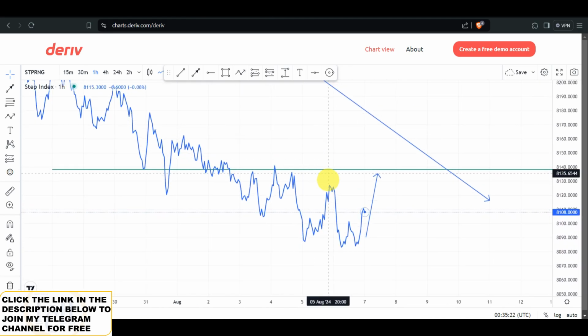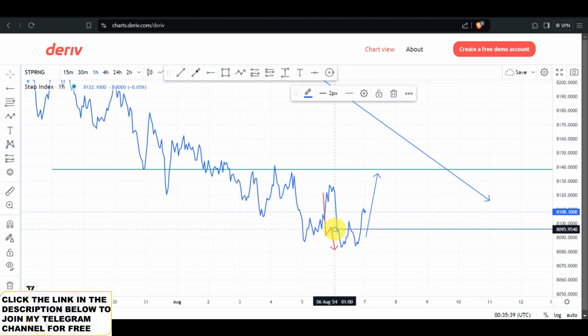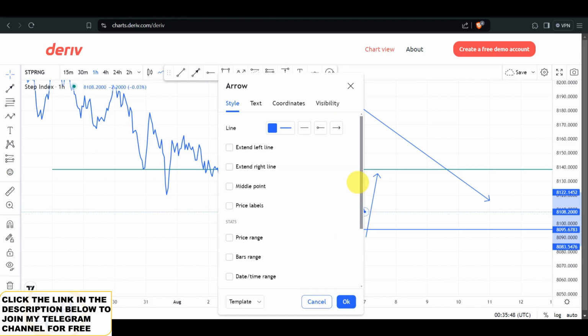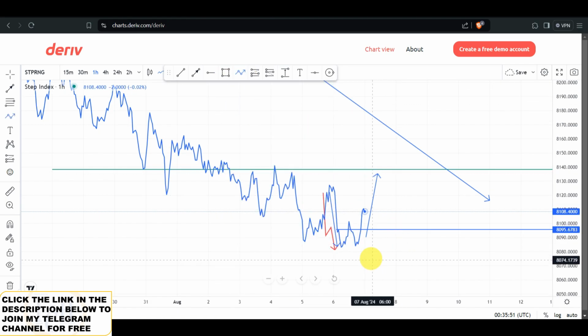Now you can see here on this 1 hour time frame, as the market was moving on this retest right here, it did form some kind of a lower high and a lower low. So after the market broke these downtrend movements, let me mark it right here, this downtrend movement, lower high right here, it marked a shift of the market structure, meaning that the market that was retesting, moving in a downtrend direction, has come to an end, and now the market will go to the break of the structure before actually selling.